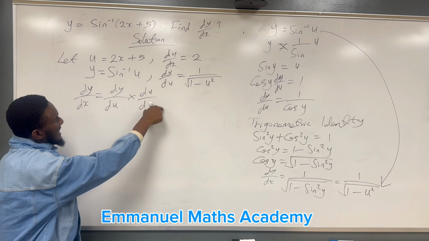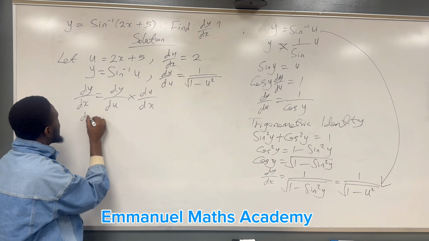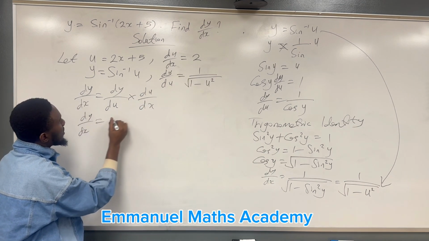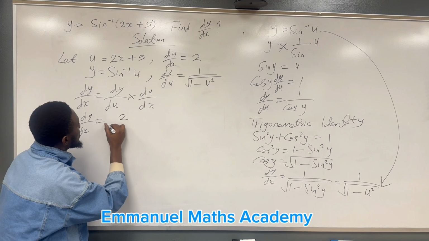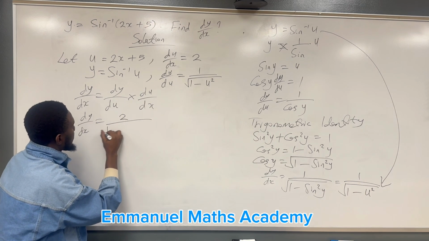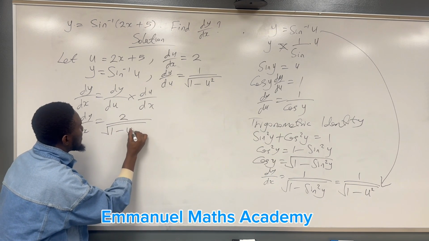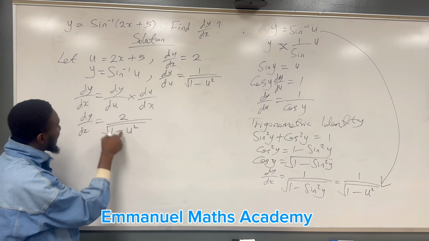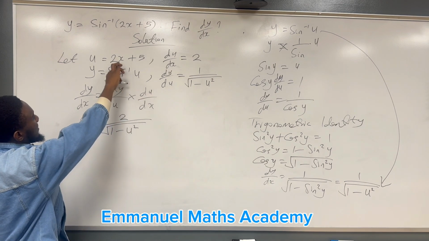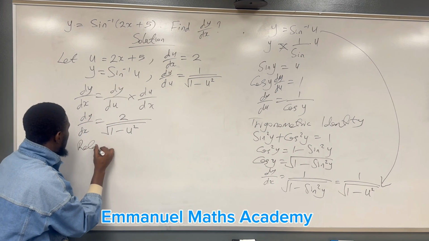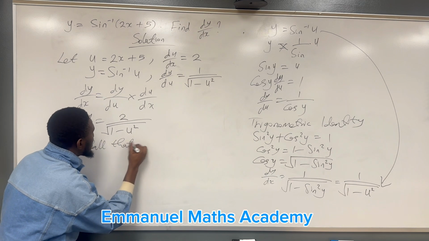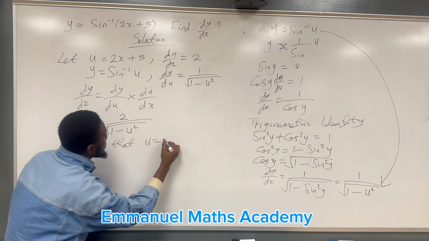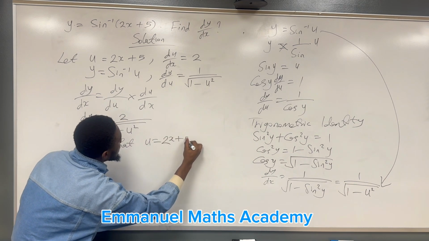Our du dx is this. Hence, dy dx is equal to 2 over square root of 1 minus u squared. But recall again that our u is equal to 2x plus 5.